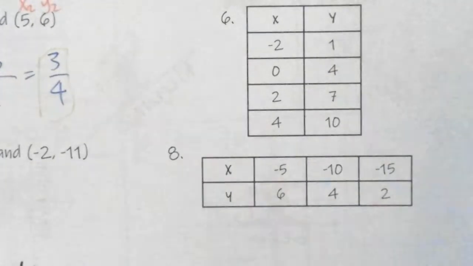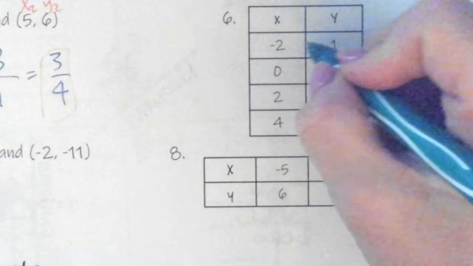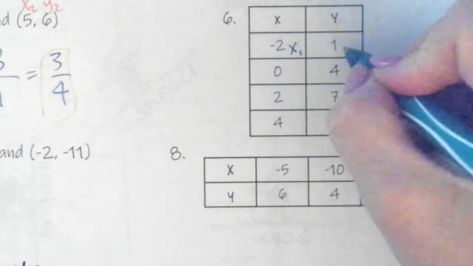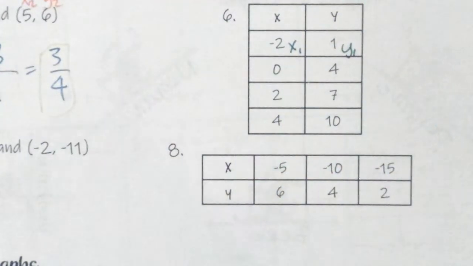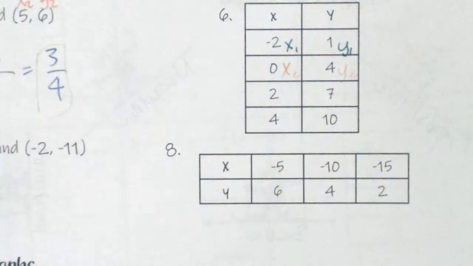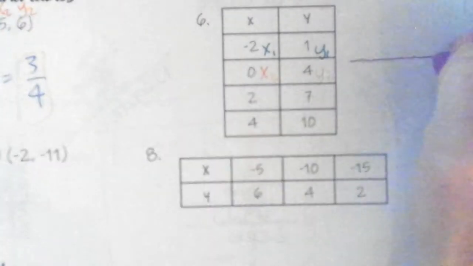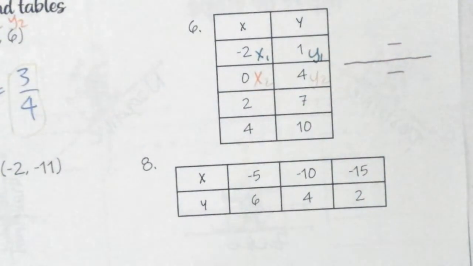Alright, I do the same thing for my table. I can pick any of these points as my x1 and y1. Just make sure this is my x, this is my y. So x1, y1, x2, y2. It doesn't matter which 2 points you choose. Just pick 2 points, set it up.